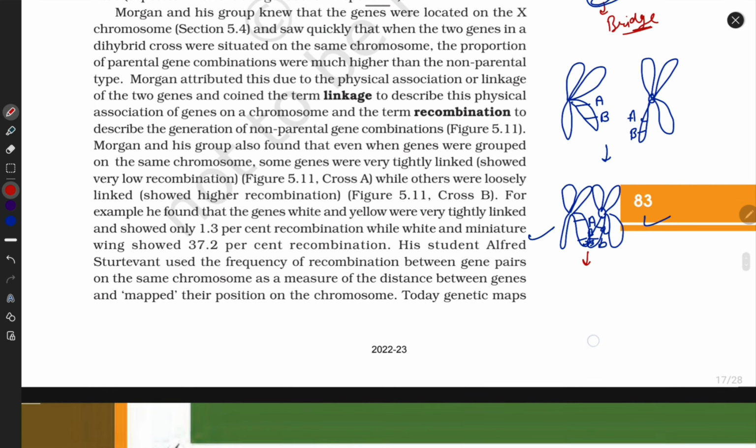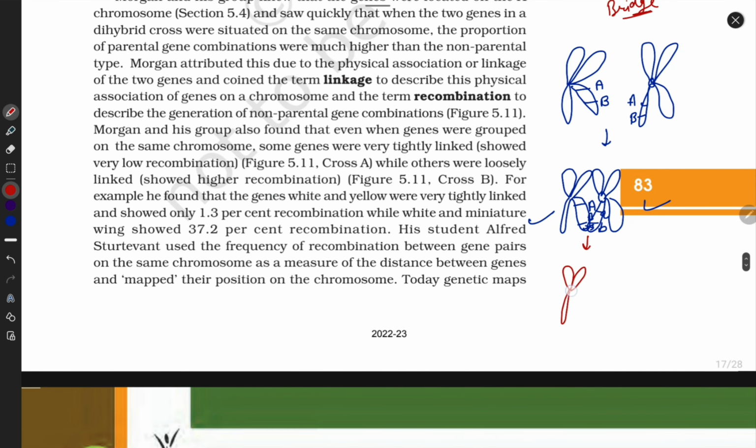After exchanging genetic material, what happened with this? I'm changing color, okay. Firstly, they contain gene A and gene B, capital A, capital B. But now, after crossing over, look here. Why? Because capital B goes to this chromosome and small b goes to this chromosome.